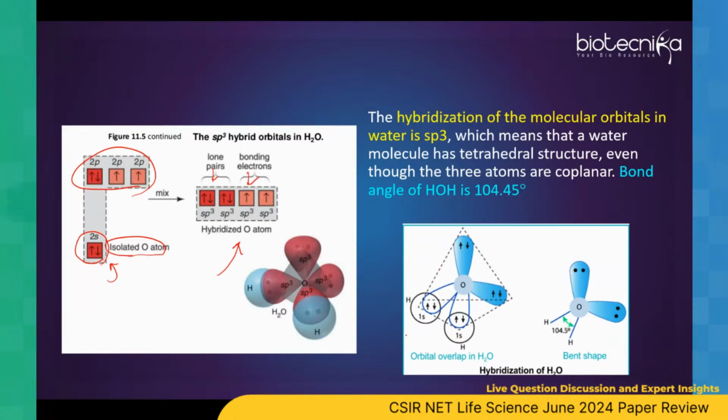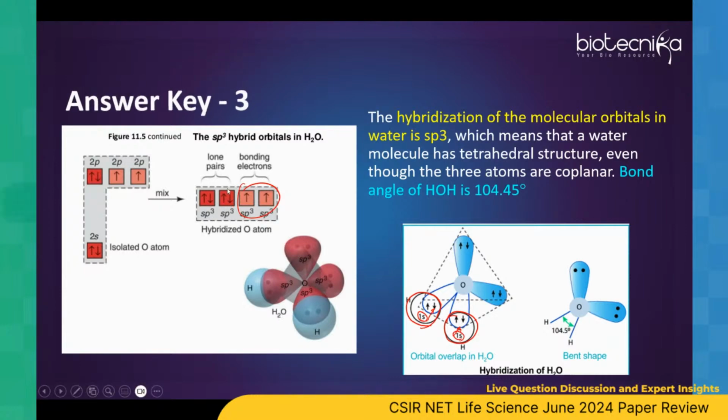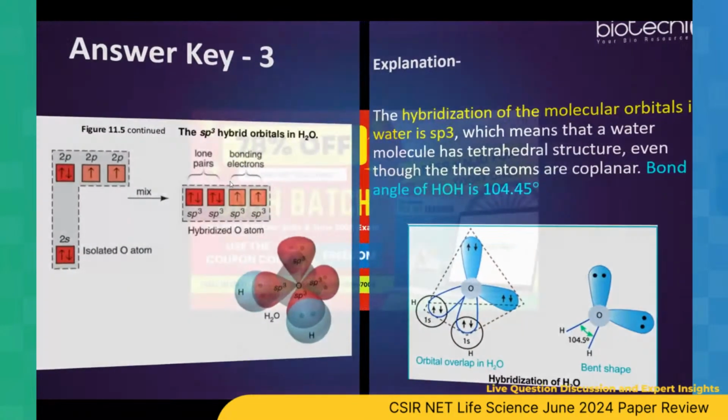Each hydrogen has one electron in an s orbital, so they overlap with that. That's how these form the bonding pairs and these are the lone pairs. So the correct answer is option 3.